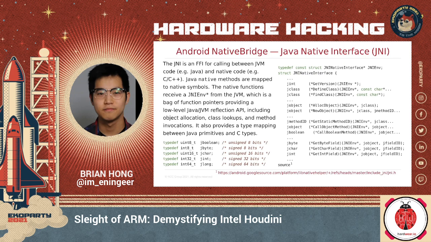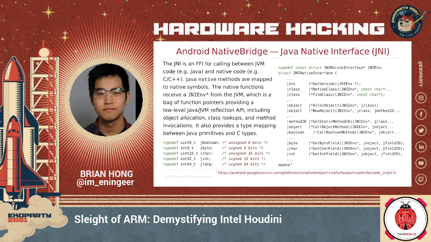It's shown on the right, the JNIEnv struct. Some of the examples shown here are allocating new objects, calling methods, getting some object fields, and such. So a pointer to this struct will be passed to our native code as a first argument, so that if our native code wanted to interact with the Java world or call methods or get objects, it could do it that way.